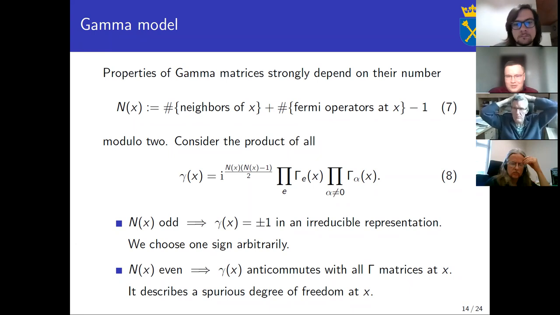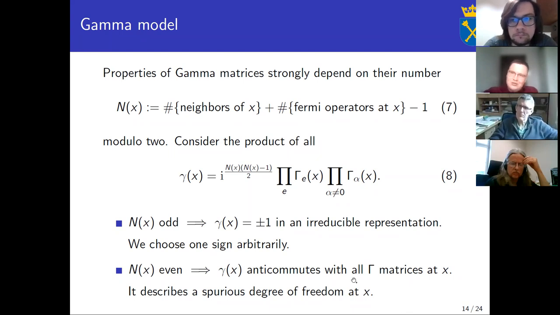Therefore, in this system, we can bosonize some more complicated fermionic system which has more degrees of freedom. You don't need to think about it this way, but if you don't, you will just find that in the representation that was constructed, there is some high multiplicity. So of course the interpretation is that there is some additional degree of freedom.